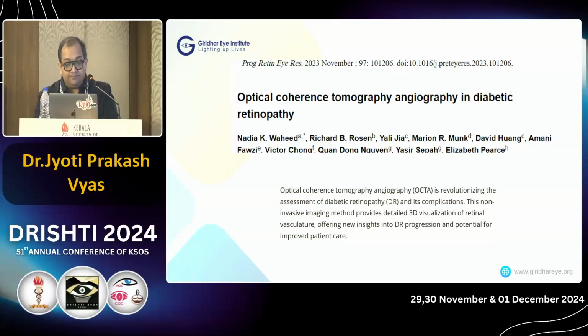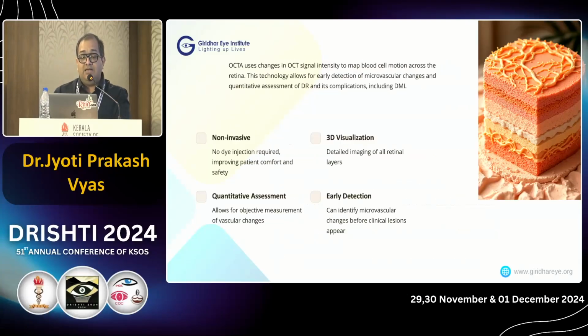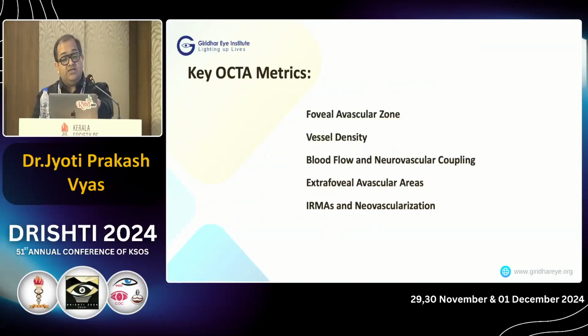Another article, which was published last year, was again on OCTA assessment in diabetic retinopathy. Since it gives you a 3D visualization of the entire structure, they identified the key metrics to be studied. There are more research-related articles on these metrics, but they are yet to be utilized in clinical practice.